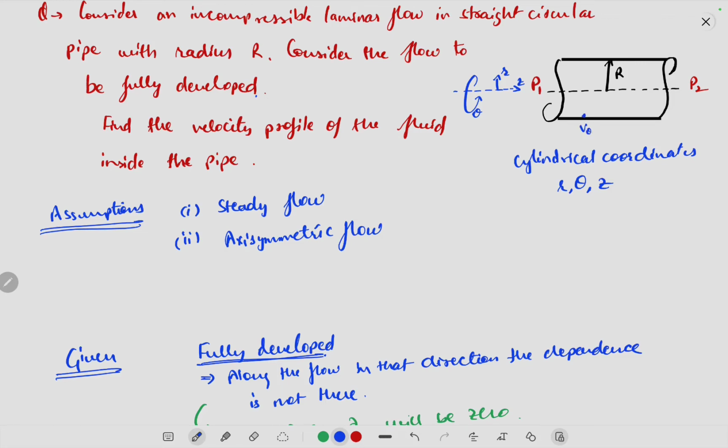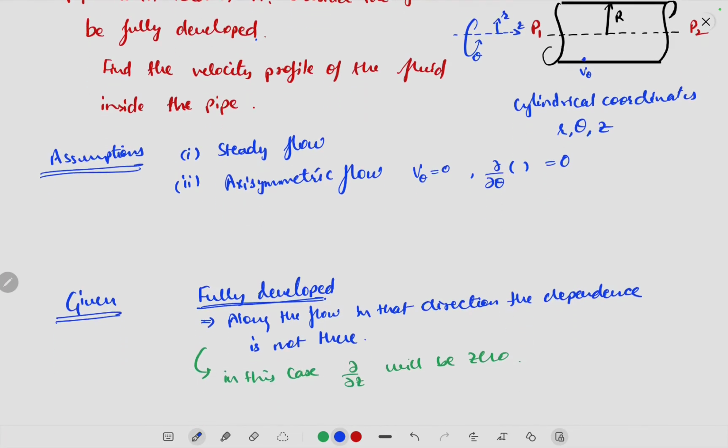So v theta here will be 0. And there is no driving force that forces your fluid to rotate like this. So I can assume that v theta equals 0, and there will be no variation along theta. So all the terms with del by theta will go to 0. Now with these assumptions in hand, let's solve the problem.